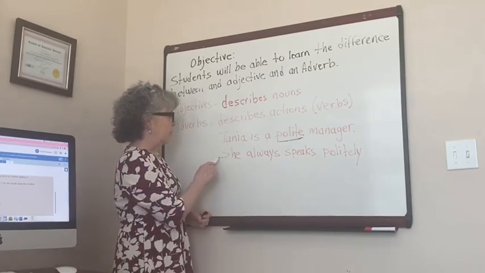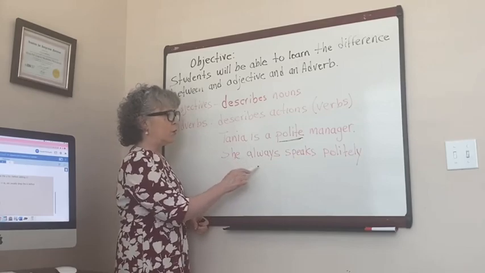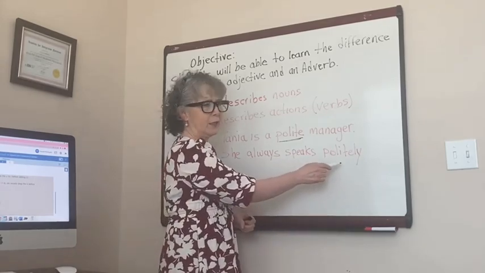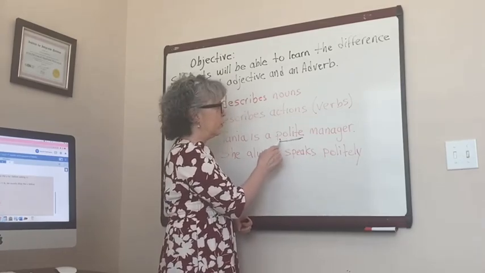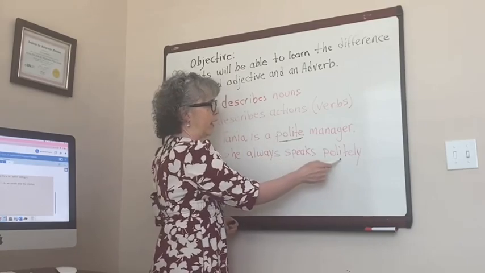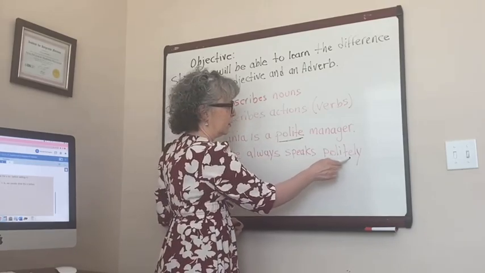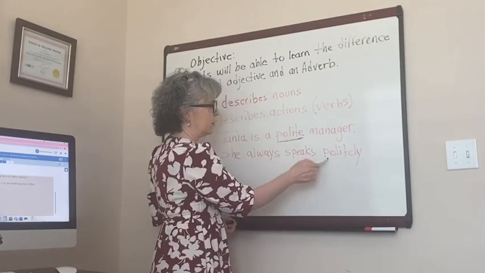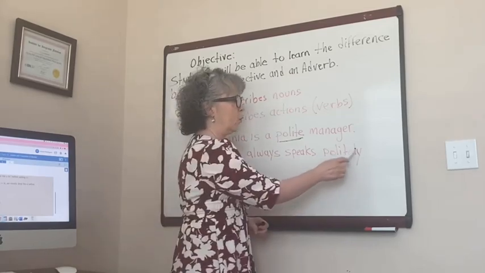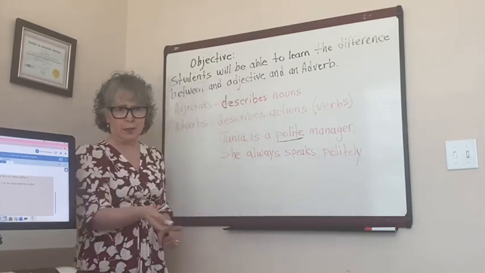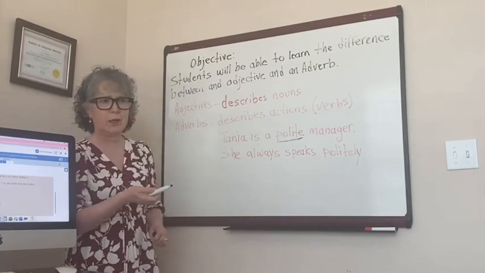So, in the other example, she always speaks politely. See how this changes? We form an adverb here. Here was an adjective, changed to an adverb here. We usually add ly to form the adverbs. Do you understand this? Yeah.